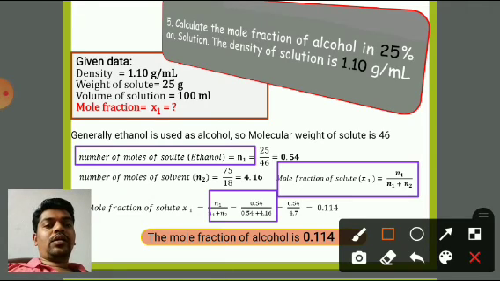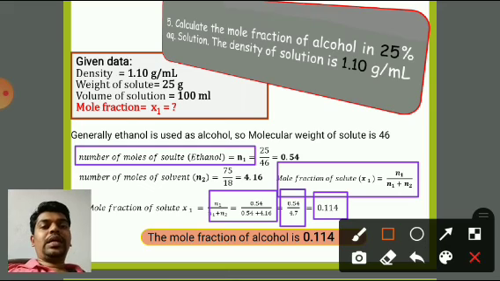After adding the denominator we get 4.7. After taking the ratio, 0.54 divided by 4.7, we get 0.114. So this is the mole fraction of ethanol, that is 0.114. This much mole fraction is present of alcohol, or solute, in 25% aqueous solution.